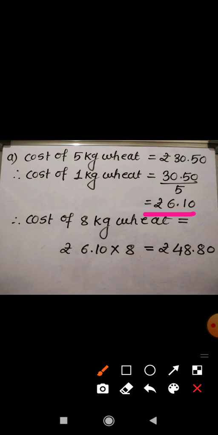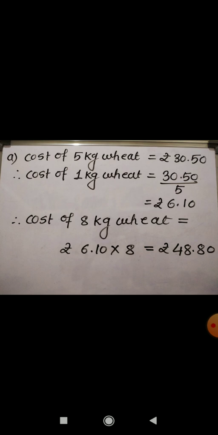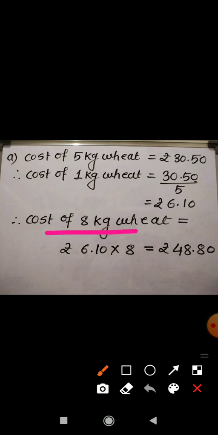But we are asked to find out the cost of 8 kg of wheat. Hence, the cost of 8 kg of wheat will be the cost of 1 kg of wheat multiplied by 8, that means 6.10 multiplied by 8. And the product comes to 48.80. Hence, the cost of 8 kg of wheat will be 48 rupees 80 paise.